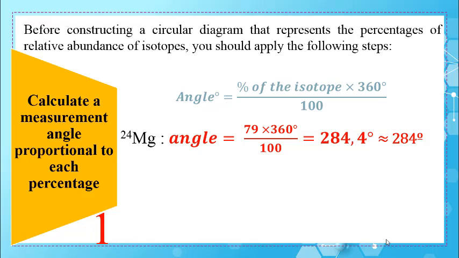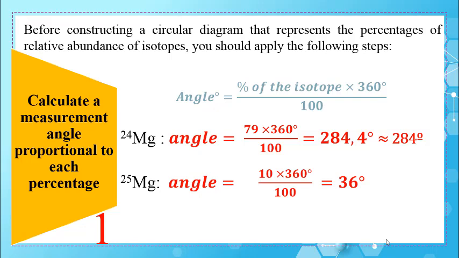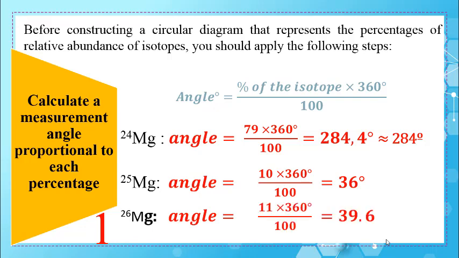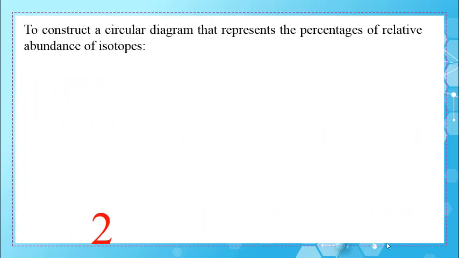The angle corresponding to Mg-25 is equal to 10 times 360 over 100, which equals 36 degrees. The angle corresponding to Mg-26 is equal to 11 times 360 over 100, which equals 39.6, approximately 40 degrees.